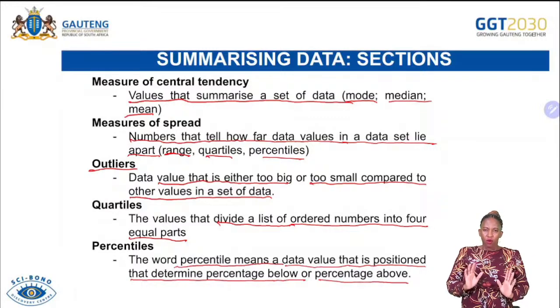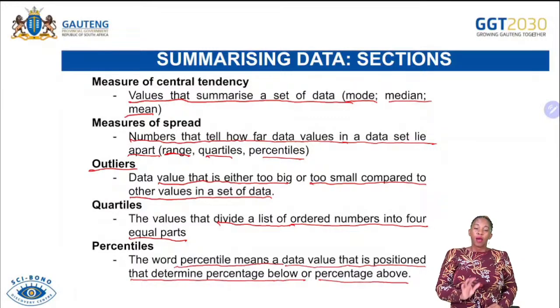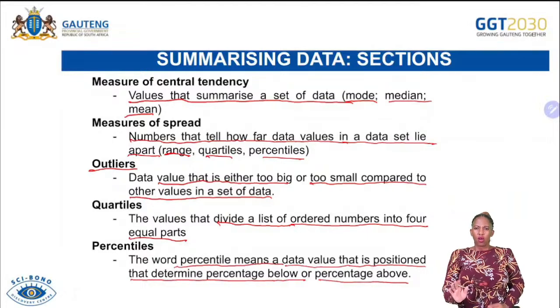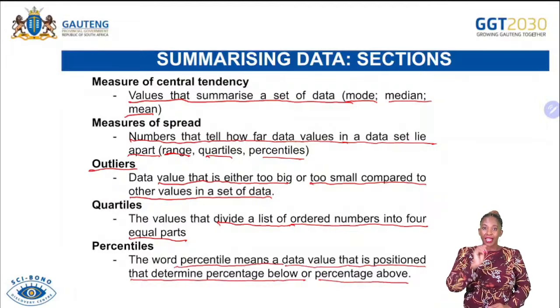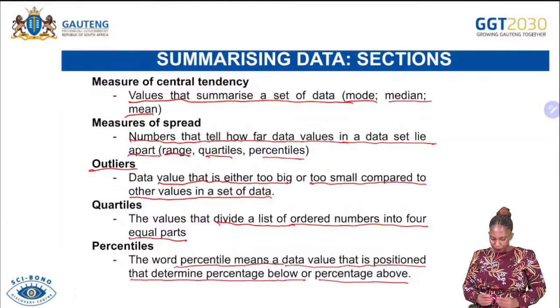And it's so nice. When you are to interpret the box and whisker, you'll see how you can collect the easy marks in the exam. Because with this, I am telling you, you must get 100% pass in paper 1 for mathematical literacy.